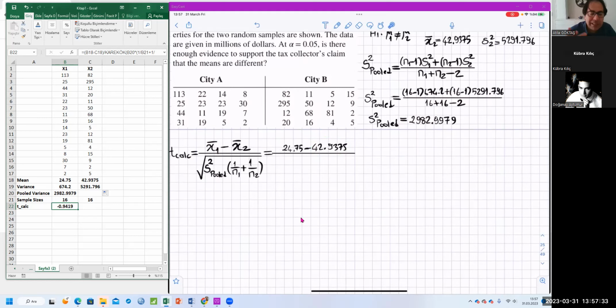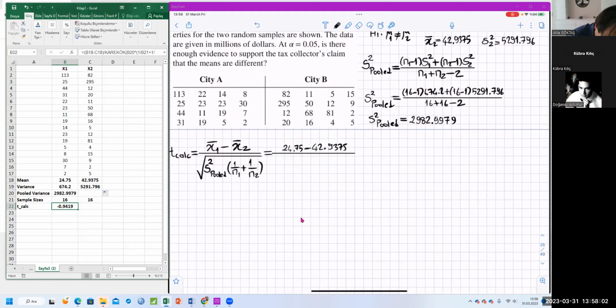We'll see whether there is enough evidence to tell that 24 million is significantly different from 42 million, city A and city B. From the sample means, it seems that it's far away. The mean in city A is far away from city B. But let's see formally, statistically, whether this is correct or not.